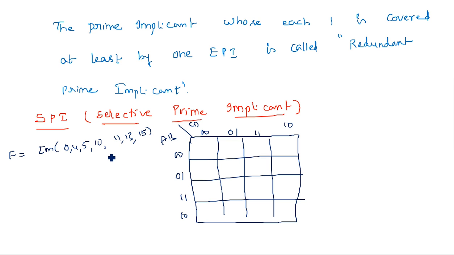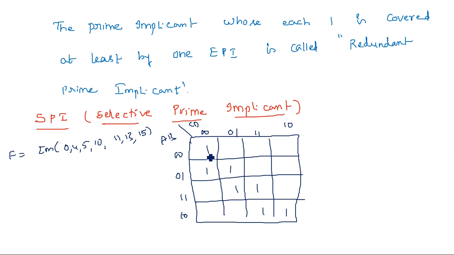Okay, one example is considered like this. Now map all these ones here. So 0, 4, 5, 8, 9, 10, 11, 12, 13, this is 15. Okay, now see here, all these are in zigzag fashion. L shape, again L shape, L shape, like this.